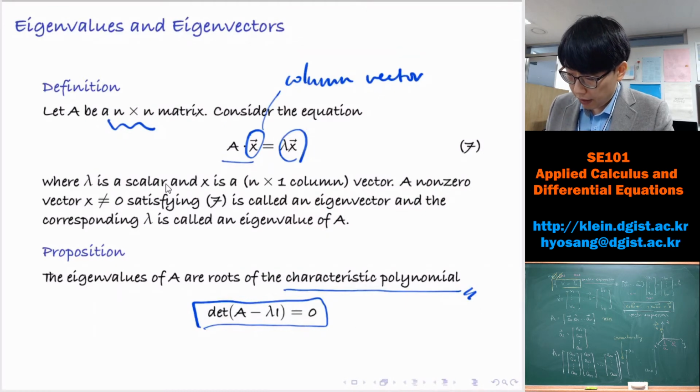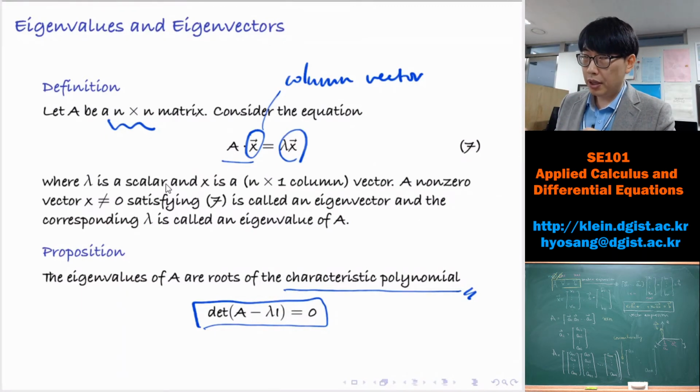So remember that when you take the determinant, it's just the multiplications of entries and sums over these multiplications, right? So it's just a polynomial expression. And since we have an unknown variable lambda, this is going to be a polynomial in terms of lambda, okay?